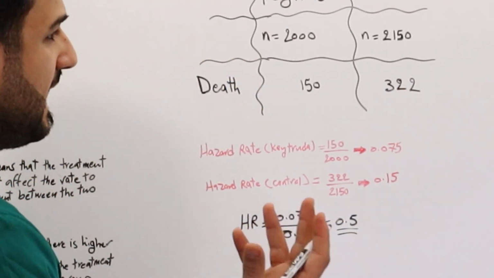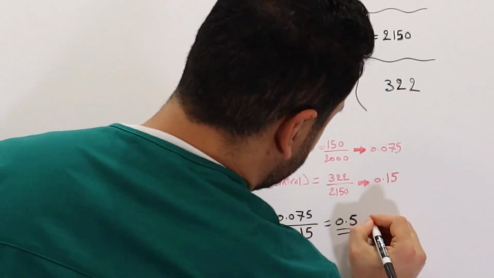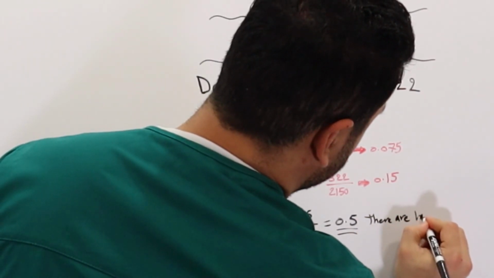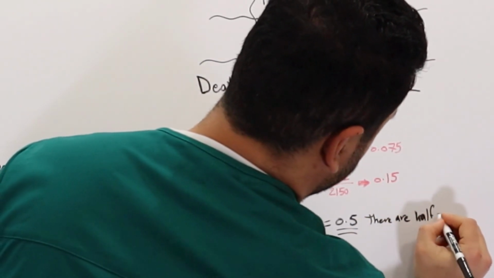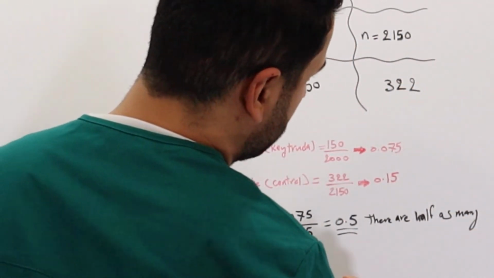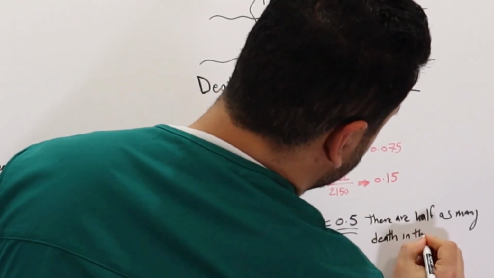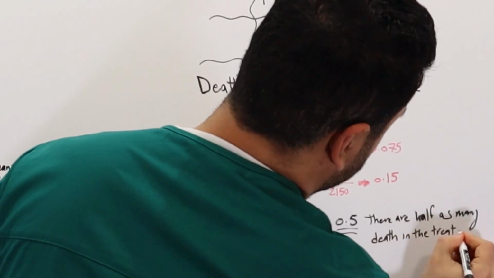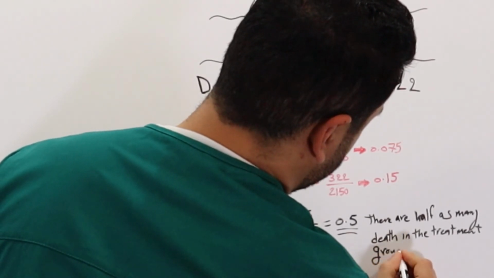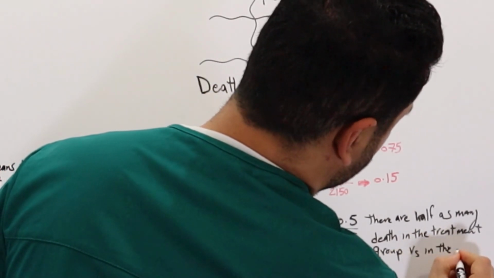So what does this tell us? What this means basically is there are half as many deaths in the treatment group versus in the control group.